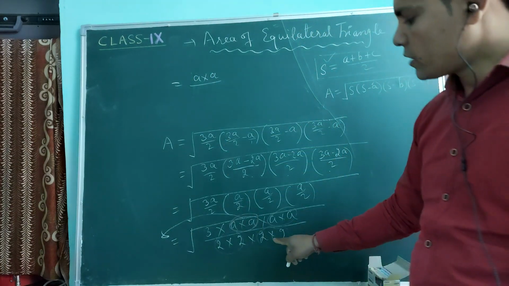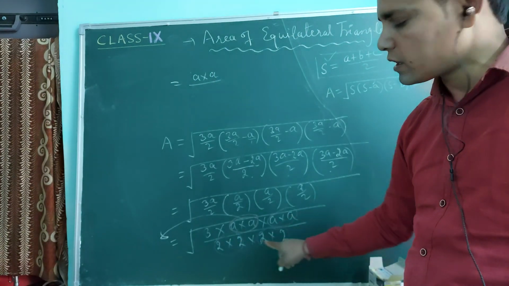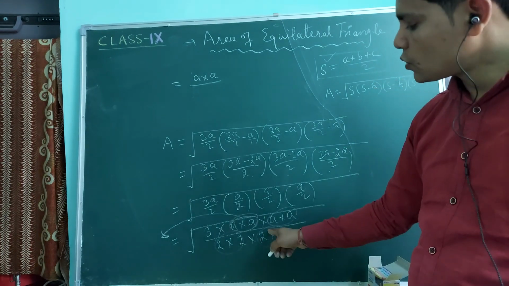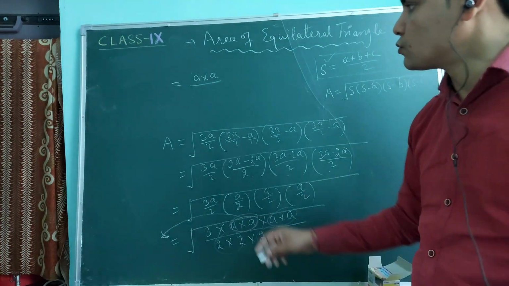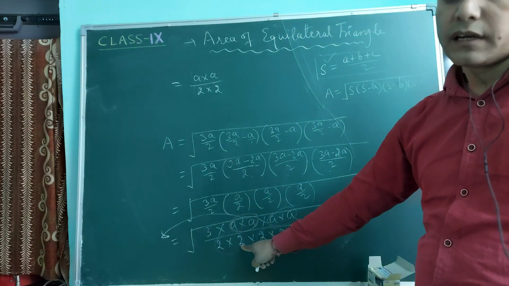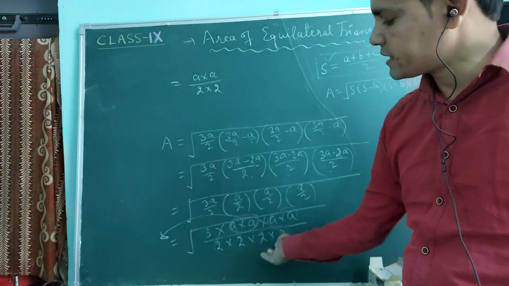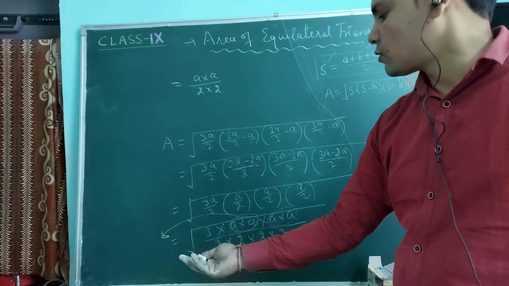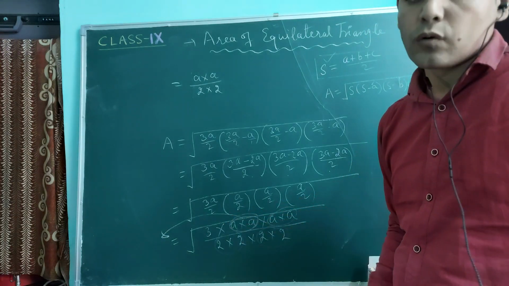Now what you get from the denominator: there are 4 times 2, so we get only 2 times 2. Okay, because solving the denominator, we can take 2 2's out by solving this square root.